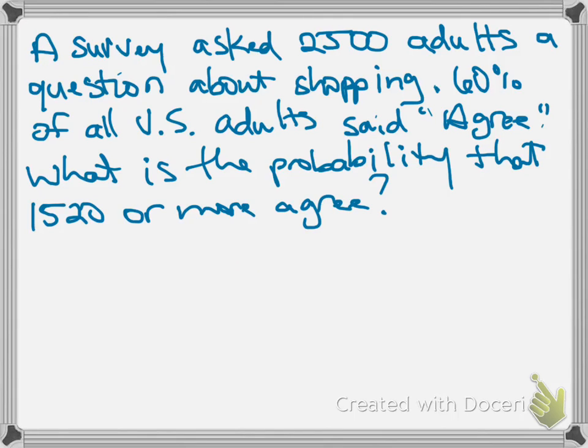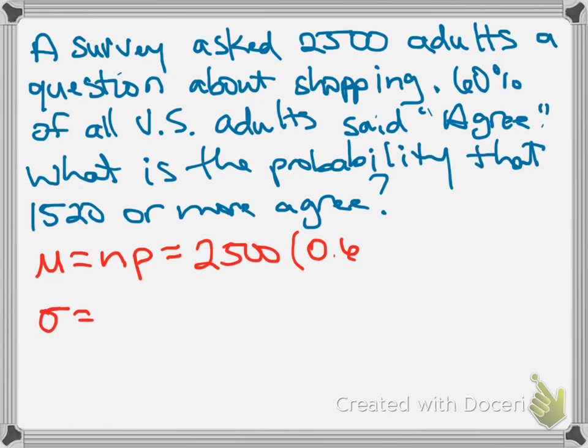Okay, so now that we know that, we need to calculate the mean and the standard deviation for our distribution. We are going to use the formula for the mean of a binomial and the standard deviation of a binomial distribution. So we know that the mean is calculated by multiplying n times p. So that's 2,500 times p, which we just said was 0.6.